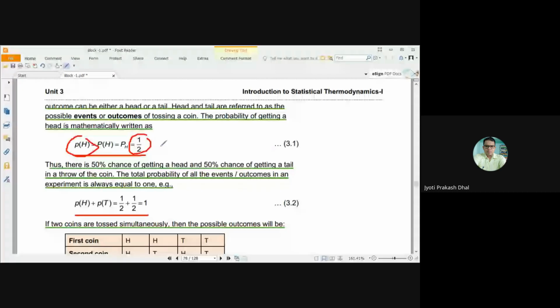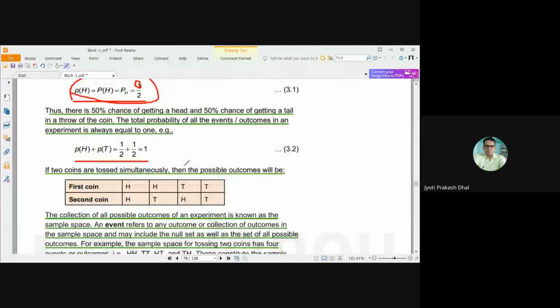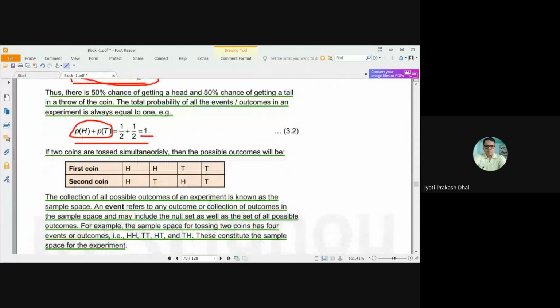Two choices are there. For head, one choice divided by the total number of choices, so that is 1 by 2. Similarly the probability of getting tail is also 1 by 2. Now if we add the total probability of all the outcomes in an experiment, it is always equal to 1. So the probability of getting head plus the probability of getting tail becomes 1.